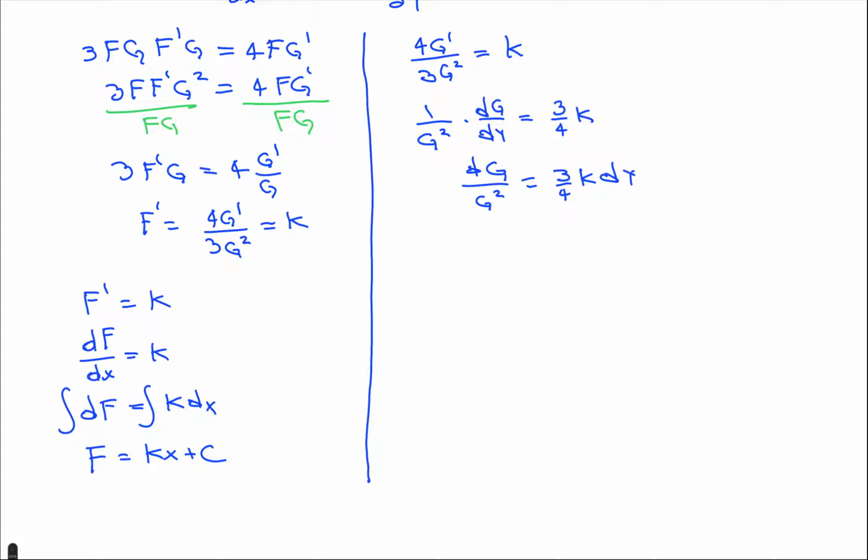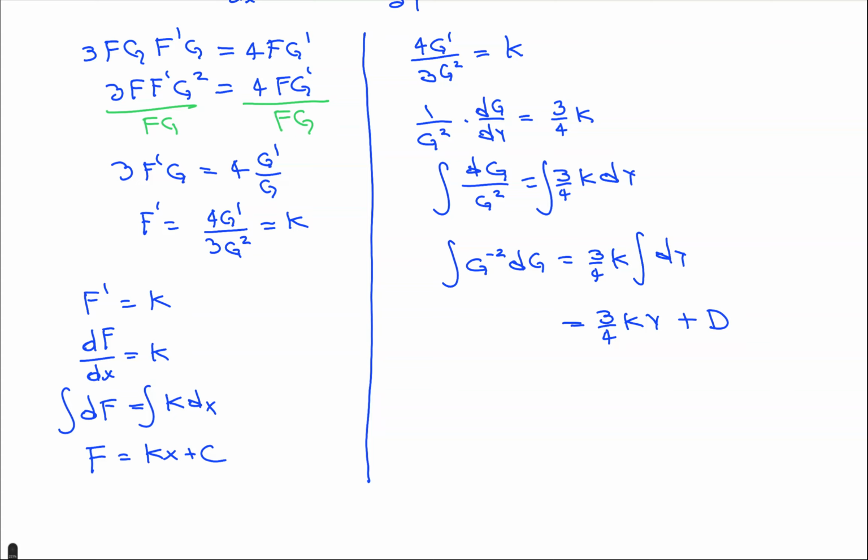All right, we're almost there to integrate. However, to integrate the left-hand side, we will need to move this g squared to the numerator with a negative exponent. Let that be equal to 3/4 k integral of dy. So this will be simply 3/4 k y plus some constant, but again, we're going to use a different letter, not c, we're going to use d.